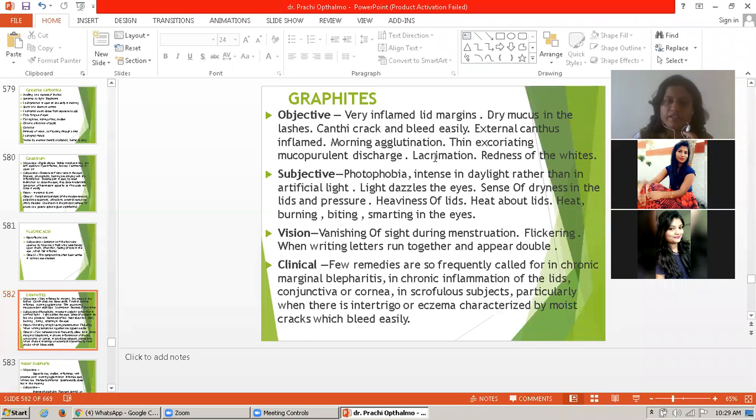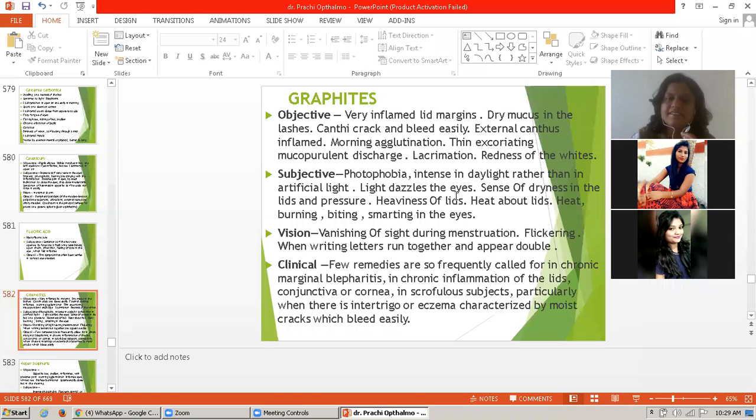There is a morning agglutination with thin excoriating mucopurulent discharge and lacrimation with redness of the whites. And subjectively, Graphites shows photophobia intense in daylight rather than in artificial light.